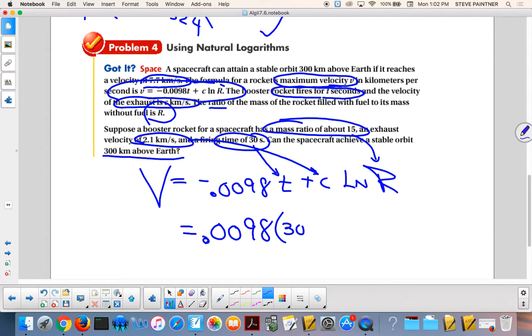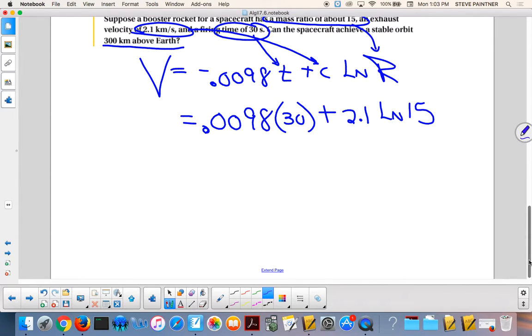T was 30 seconds. C was 2.1 times the natural log of 15. It's got to be faster than 7.7 kilometers per second. Yes. What's it come out to?